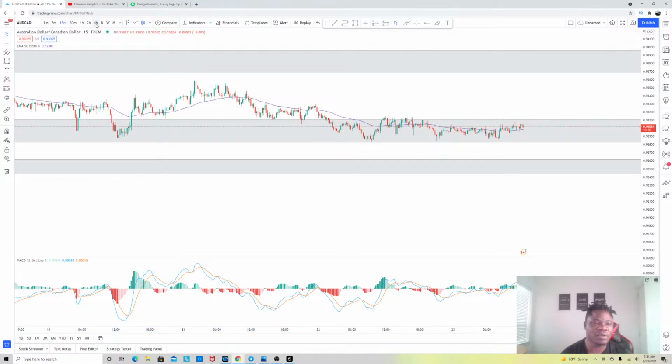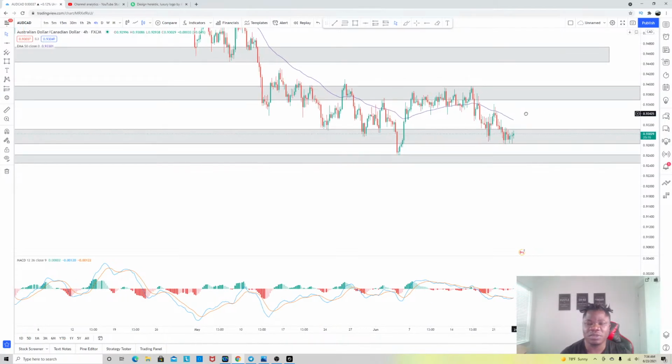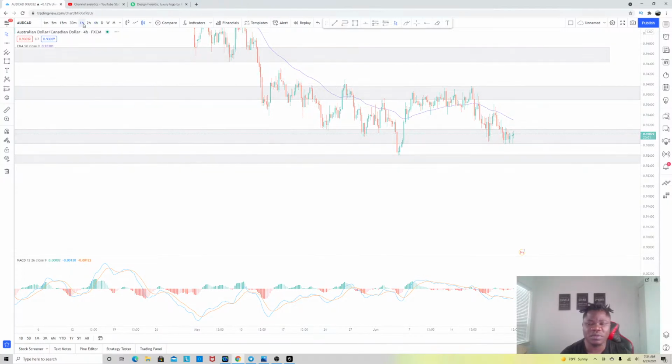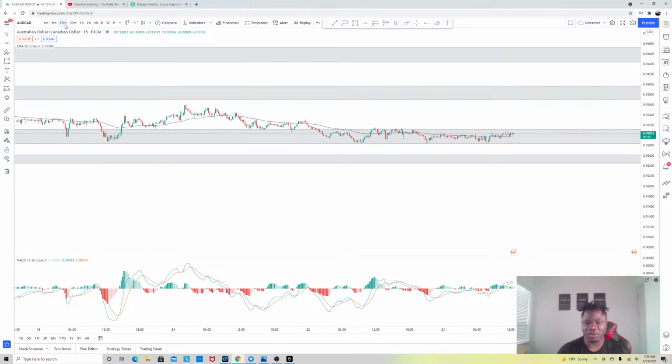But looking at the higher time frame, we are on the downtrend because we're also below the 50 EMA. Price is just consolidating at this support zone right now. So that's what we're looking at.